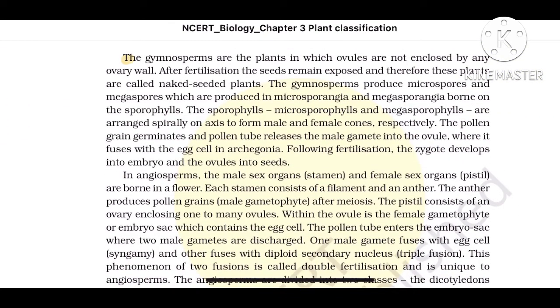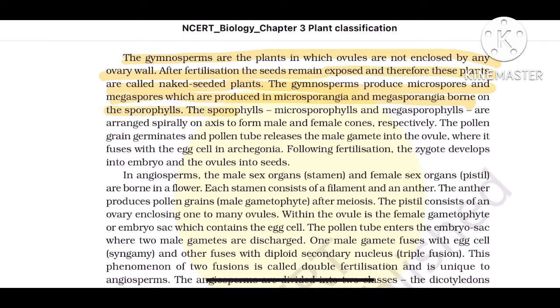The gymnosperms are the plants in which ovules are not enclosed by any ovary wall. After fertilization, the seeds remain exposed, and therefore these plants are called naked seeded plants. The gymnosperms produce microspores and megaspores, which are produced in microsporangia and megasporangia borne on the sporophylls.